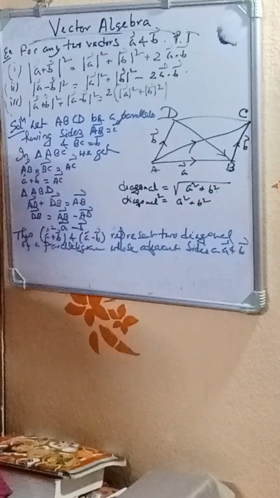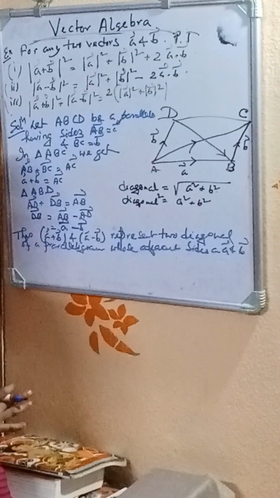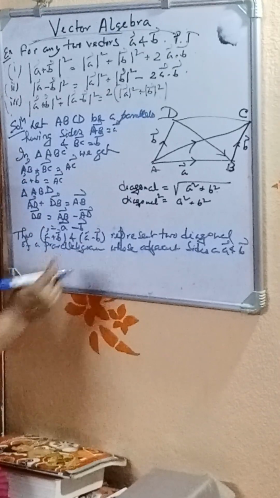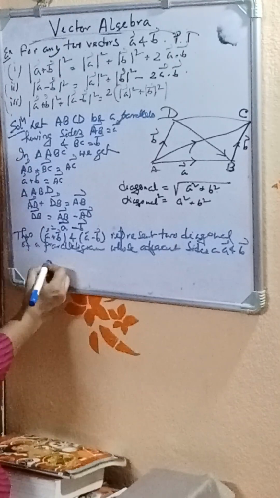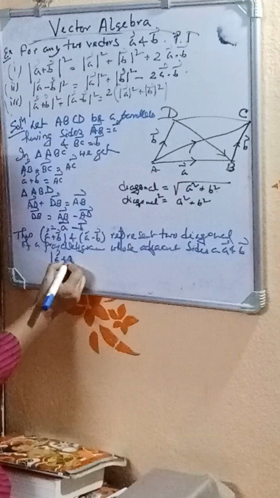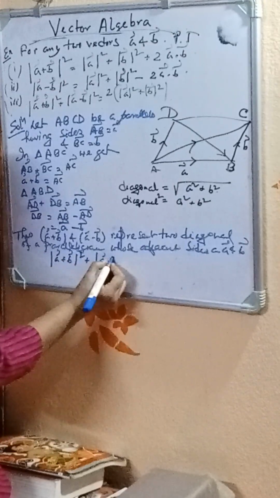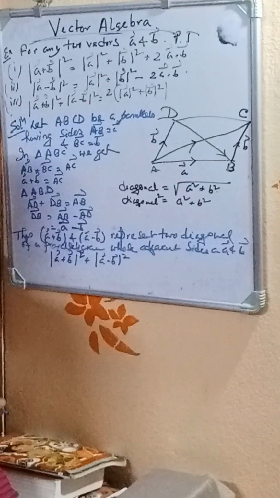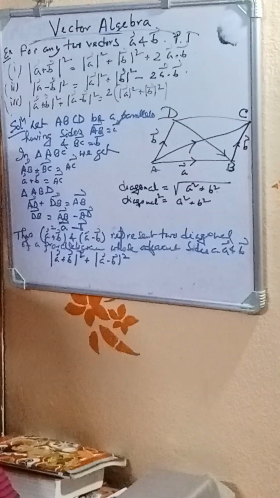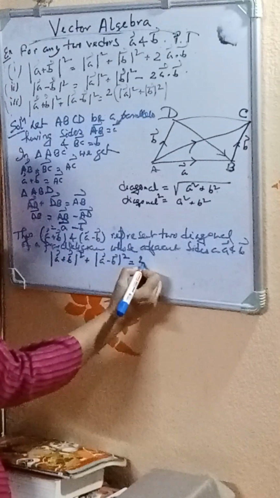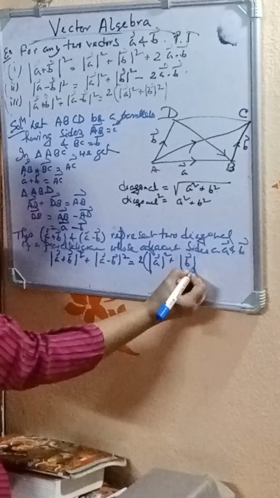Now, A vector plus B vector represents one diagonal and A vector minus B vector represents another diagonal. The sum of the squares of these two diagonals, modulus of A vector plus B vector squared plus modulus of A vector minus B vector squared, equals 2 times modulus of A squared plus modulus of B squared.